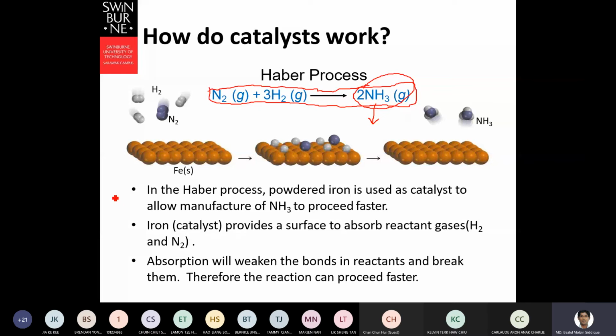So how does the catalyst work? All right. Nitrogen and hydrogen are there in the environment.